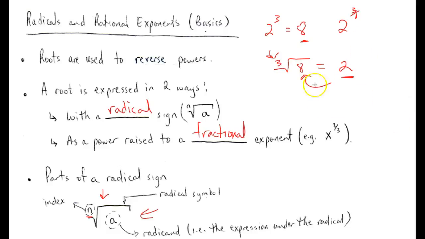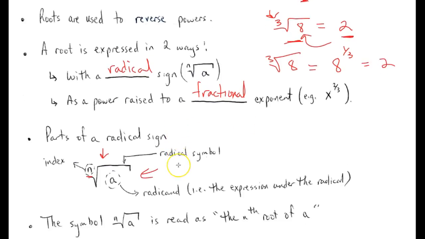What we actually use this more so for is to take this and rewrite it like that. And of course, that just means 8 raised to the 1/3 power, and that will in turn be interpreted that way. So that's part of what we're going to be looking at in this particular video. All right, so let's move on.